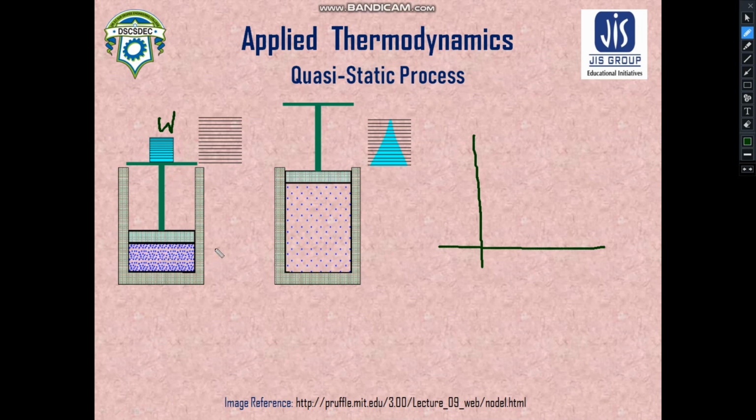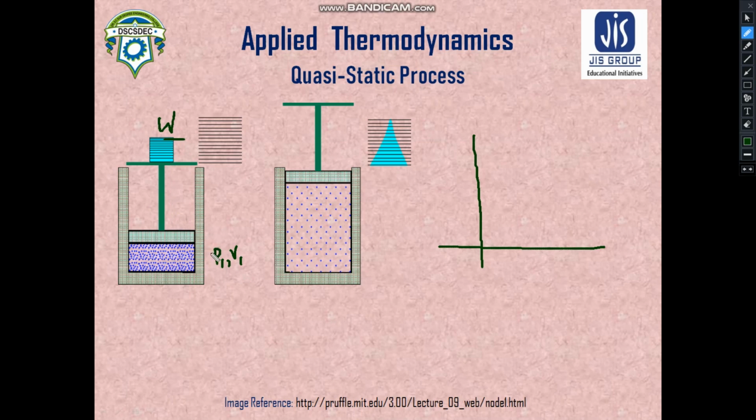Let us assume at the initial equilibrium position, the pressure and the volume of the gas were maintained at P1 and V1. So these are the initial states of the gas. Now let us remove a single weight. If we remove this weight, then obviously because of the pressure of the gas, the piston will move in the upward direction.